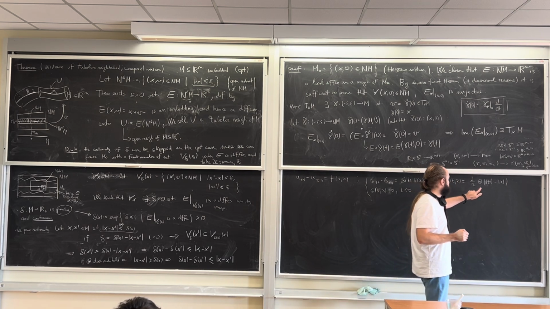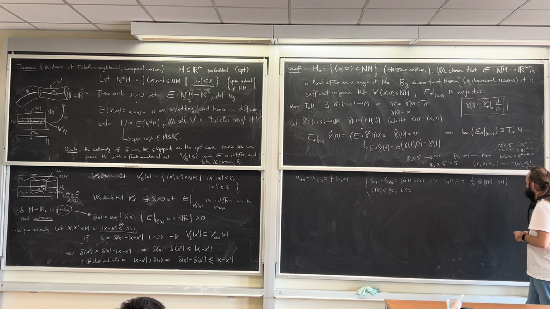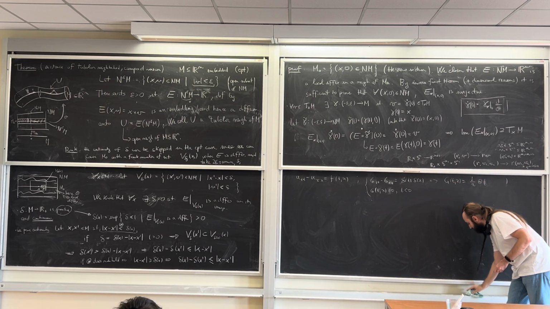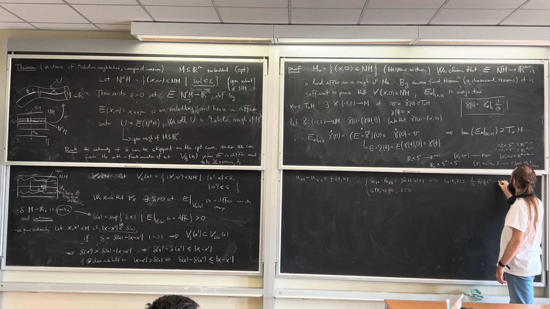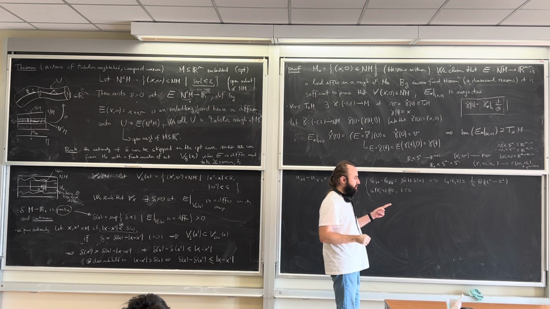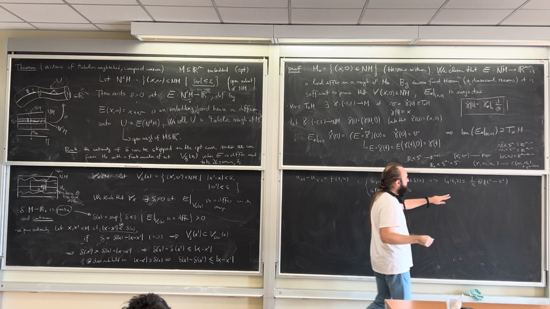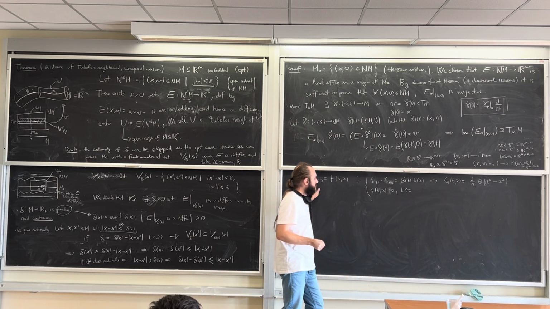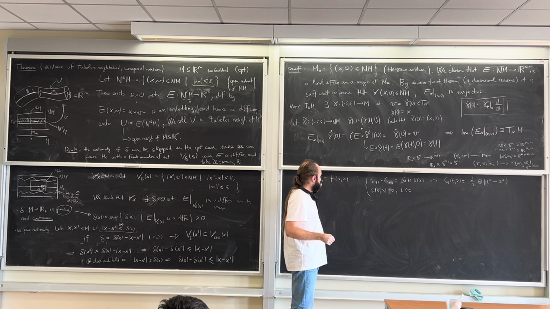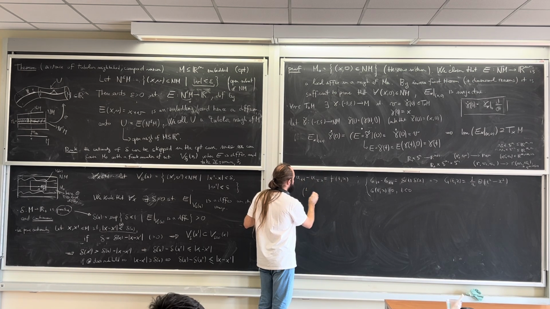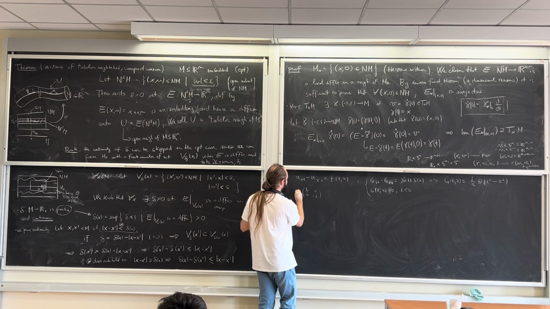By the way, this can also be written as a theta function of t squared minus x squared. And we see that this means that it is Lorentz invariant, because this is a Laplacian in Minkowski space-time with this metric, right?